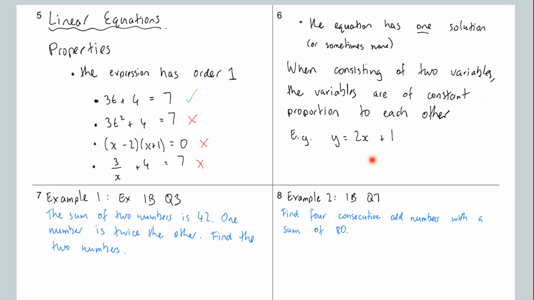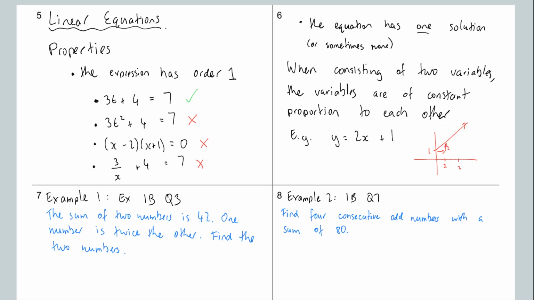And a classic example of that is like a linear function like this, y equals 2x plus 1. You might remember that 1 is the y-intercept and that 2 is the gradient, and that if I drew this, just really roughly, it would go up like so, so that as x changes, like if x is equal to 1, then there's a change of 2 units in the y direction.